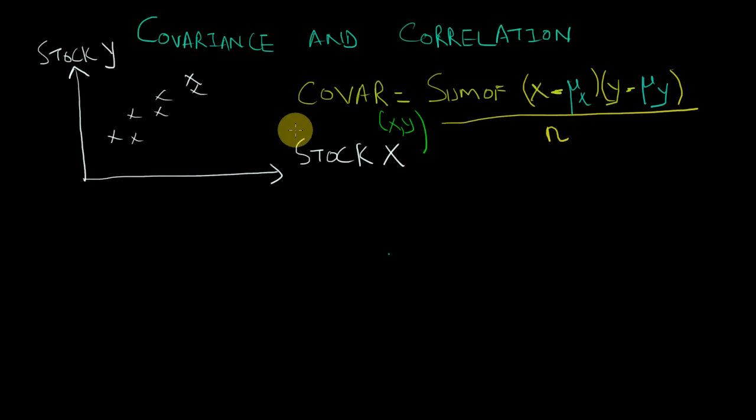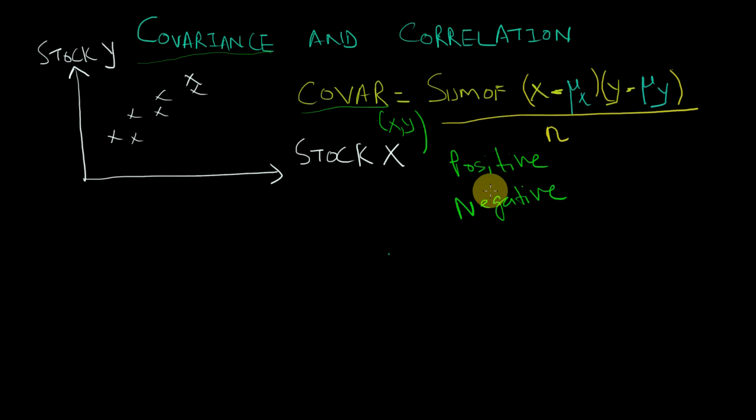Now, one of the issues with covariance is that it doesn't tell you much about how well X and Y are correlated to each other. The covariance only tells you whether the relationship is positive or negative.